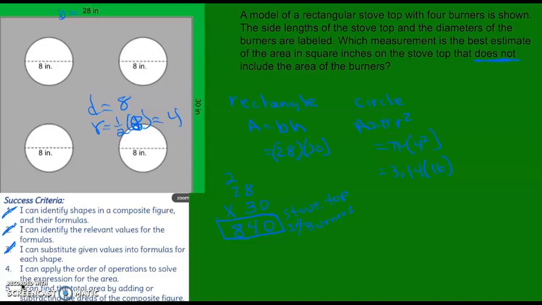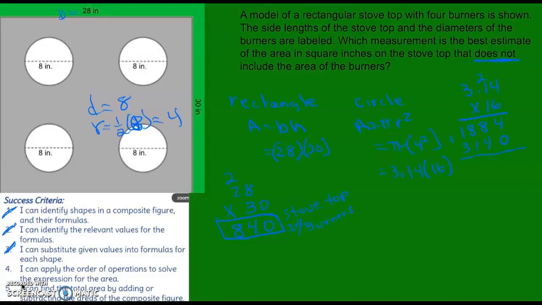So I'm going to set that up right over here, 3.14 times 16. 6 times 4 is 24, carry the 2. 6 times 1 is 6, plus 2 is 8. And 6 times 3 gives me 18. I put a 0 for a placeholder, then I got 4, 1, 3.